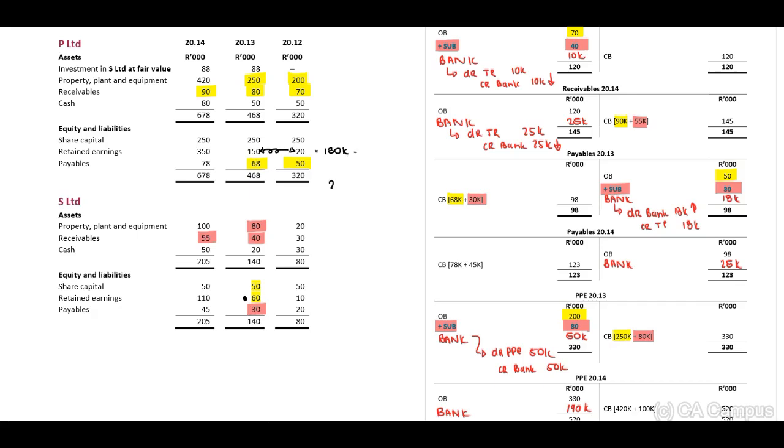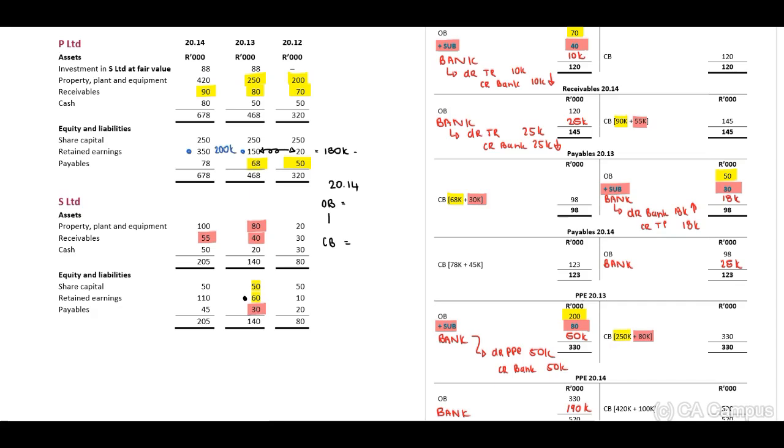Now, when we look at 2014, our opening balance will include P and S, and our closing balance will include P and S. Therefore, if you look at the 2013 to 2014 balances, guys, this will be the difference between the 350,000 and the 150,000, and this will be a value of 200,000 for P.